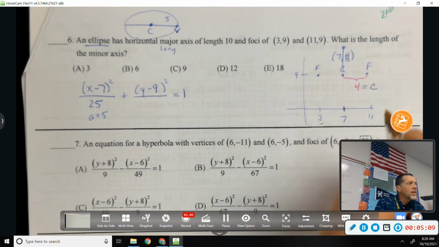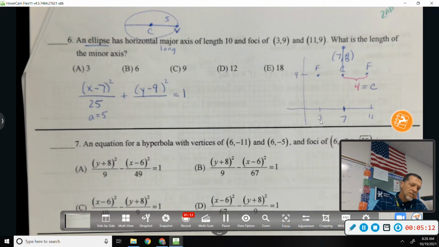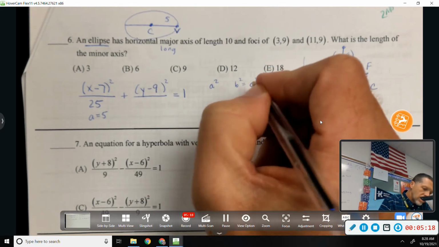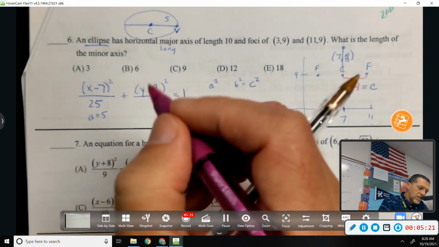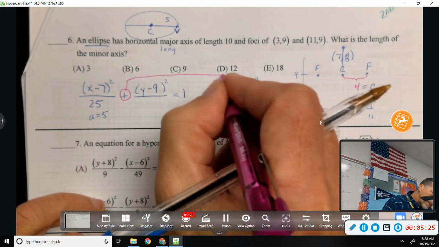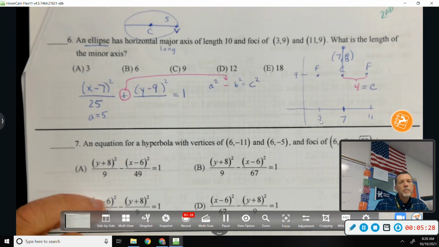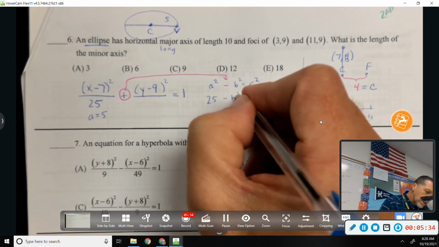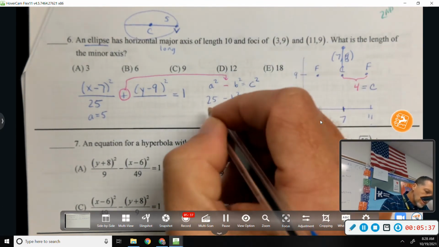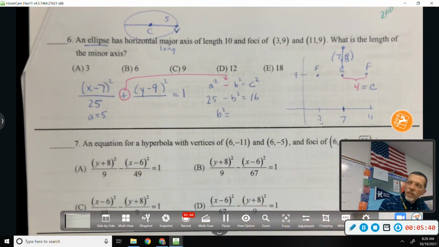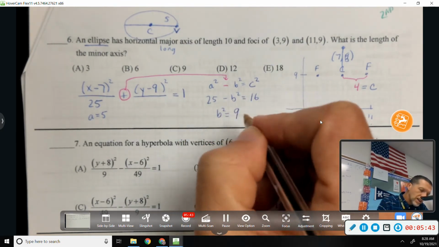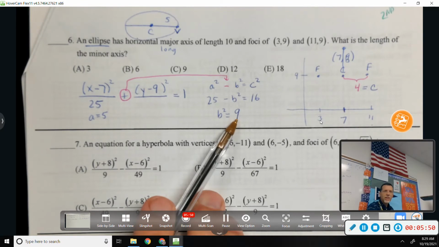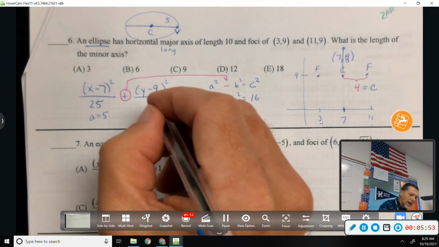C. That's C. Center to focus is C. So A squared, is it plus or minus? For an ellipse, it's minus because it's always opposite of the main sign. So for an ellipse, it's A squared minus B squared. So 25 minus B squared equals 16. So we move things around, and B squared is 9. So is B 3 or 9 or 81? B is 3. So 9 goes under there.